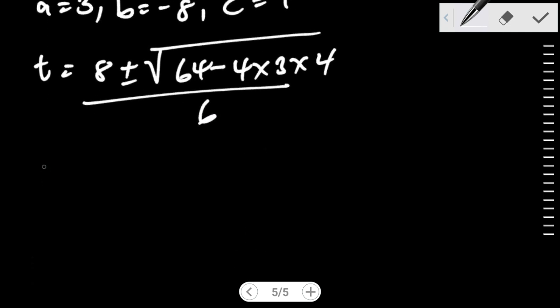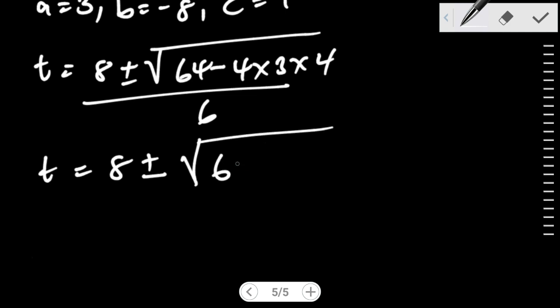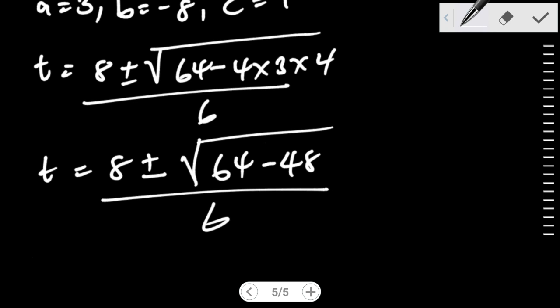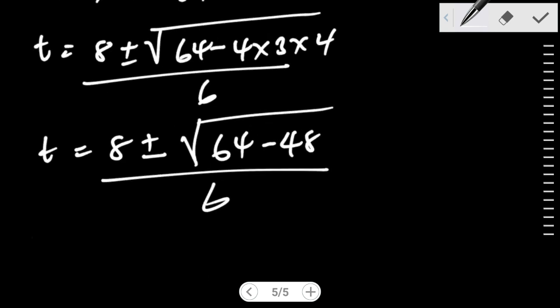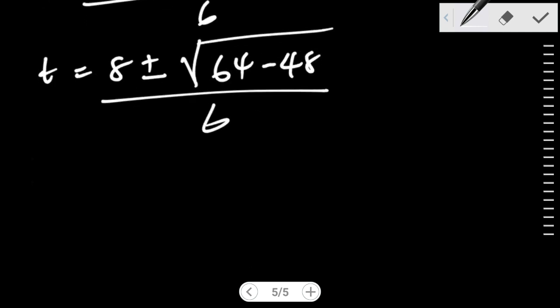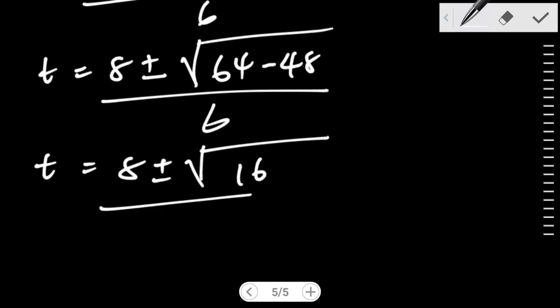So t would be equal to 8 plus or minus root of 64 minus 4 times 3, which is 12, and 12 times 4 would be 48, all over 6. So t equals 8 plus or minus root of 64 minus 48, which gives 16, all over 6.